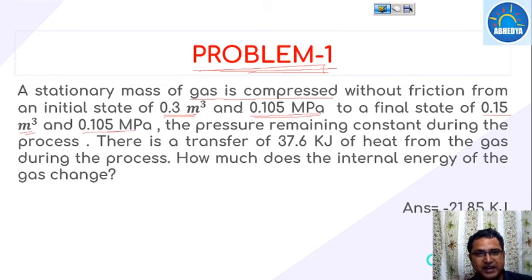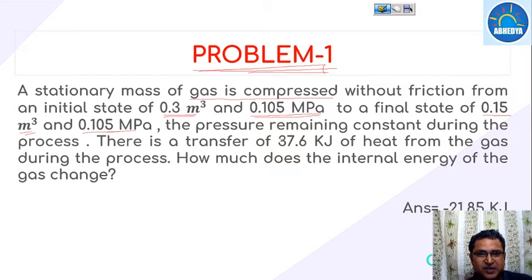The initial pressure was 0.105 megapascal and the final pressure is again 0.105 megapascal, meaning the pressure remains constant during the entire process, which has already been given in the question. The pressure is constant and the volume has been compressed from 0.3 meter cube to 0.15 meter cube.